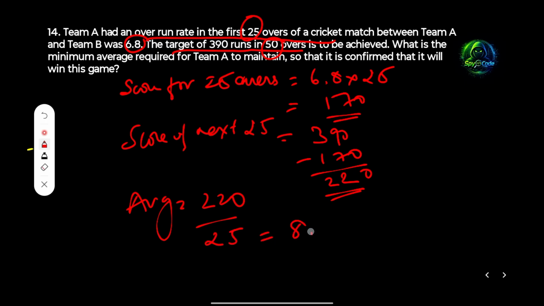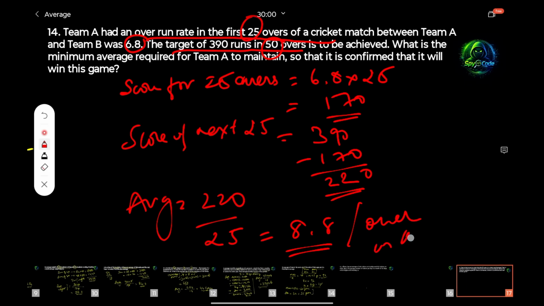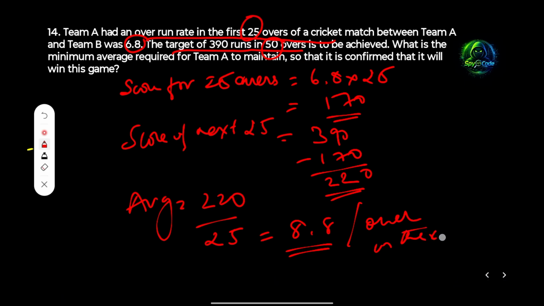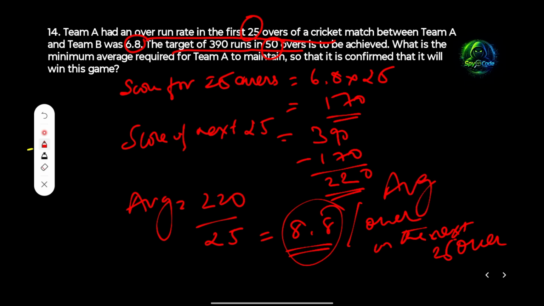This is around 8.8. So 8.8 runs are needed per over in the next 25 overs. So this is the minimum average required for Team A to maintain so that they would win the game.